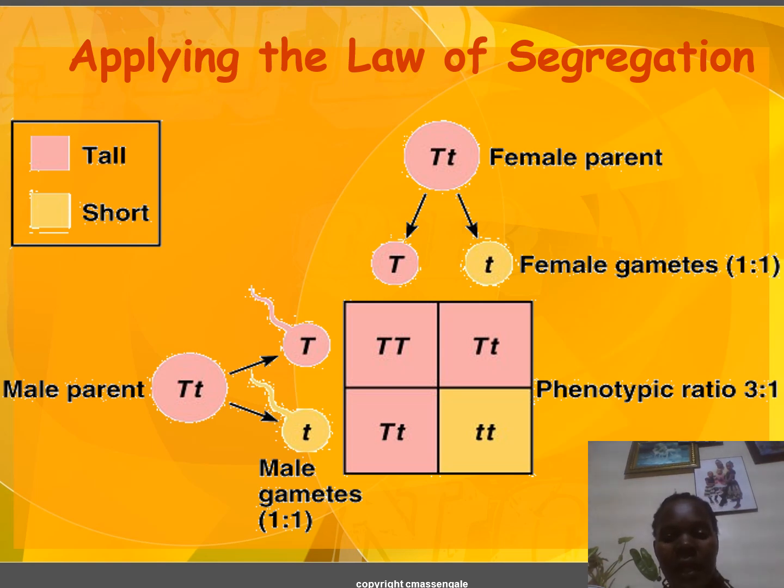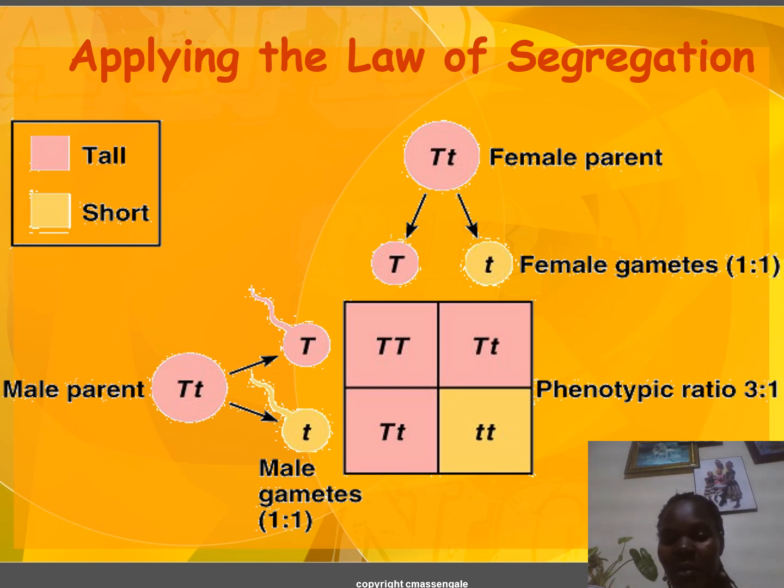The F1s, the first filial generation, which you see in that bracket. The first box will have capital T capital T, homozygous dominant, as the genotype. The second box will have capital T, small t, heterozygous, capital T, small t, heterozygous.